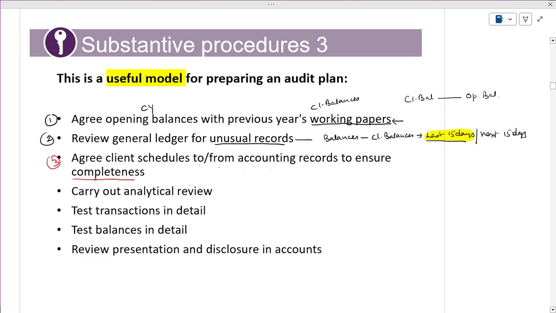It is the third party, so when we are talking about it, the reliability will be more, because these are external. You are comparing the external source of information with the internal source of information.